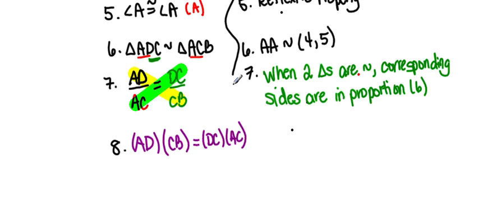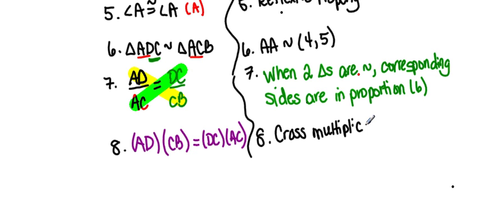And if you want to be fancy, you can say that the product of the means is equal to the product of the extremes. I'm going to keep it simple and just say cross multiplication. I am going to cite statement 7 because statement 7 is the proportion that I cross multiplied.